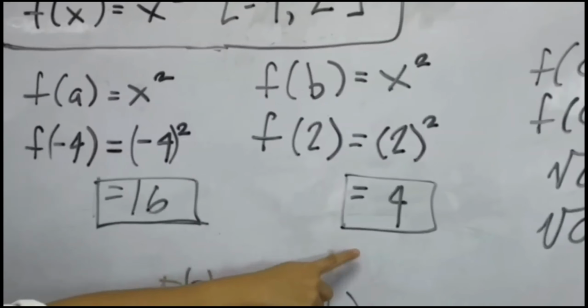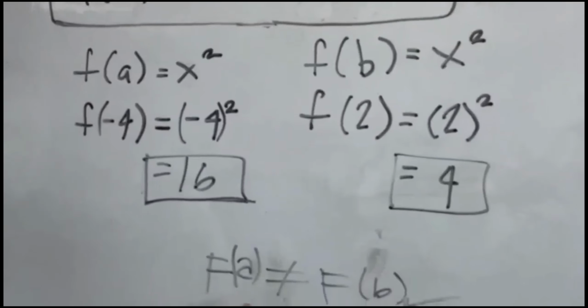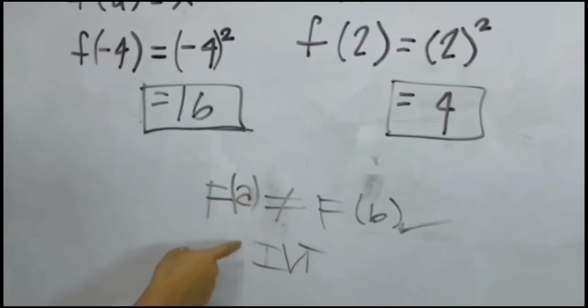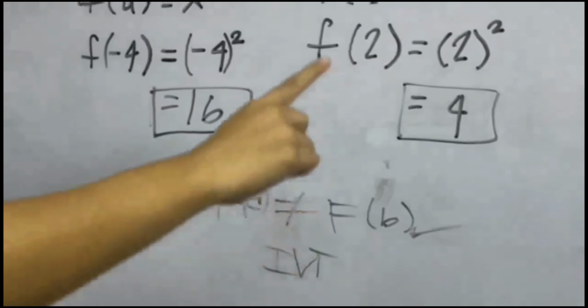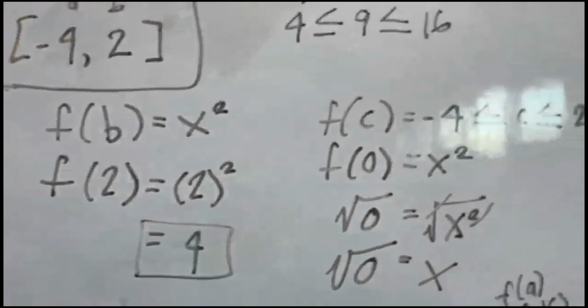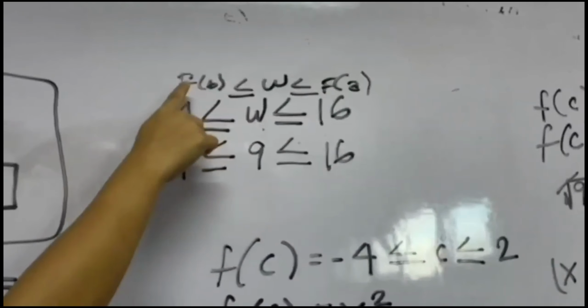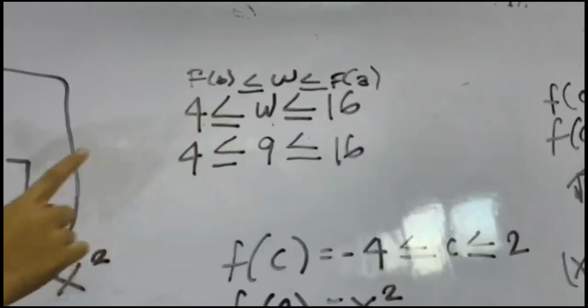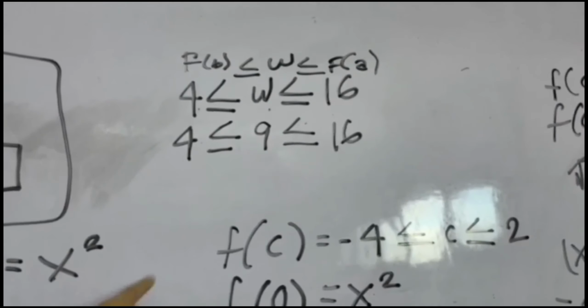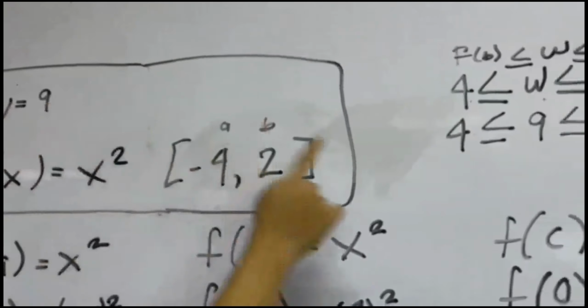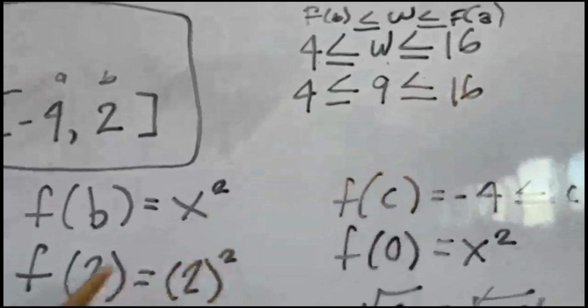Now we prove the intermediate value theorem condition, that f(a) and f(b) are not equal. Now, let's move on to our w. f(b) is 4, our given w is 9, and f(a) is 16.